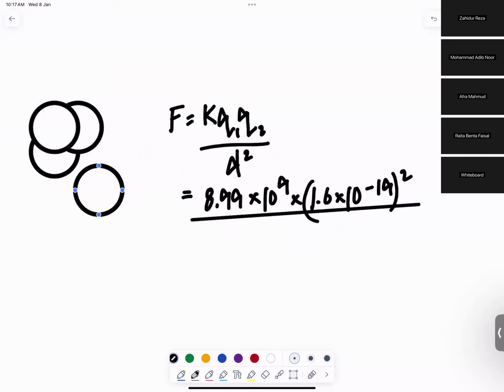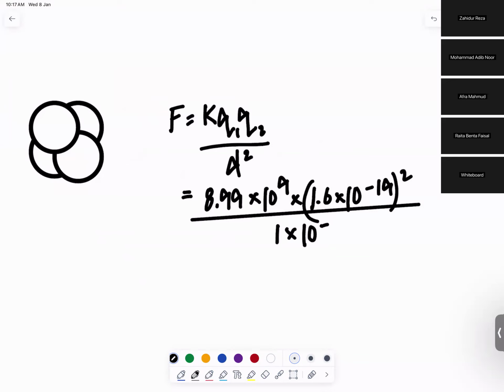The separation between protons is arguably the smallest possible in the universe, right next to each other, around 1 × 10^-21 meters, and then square that.